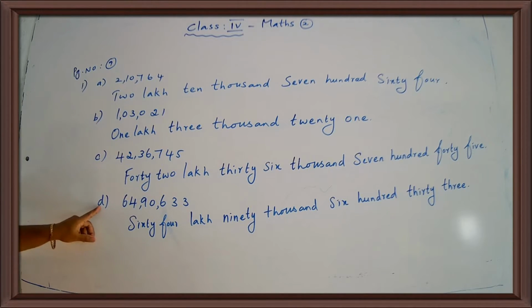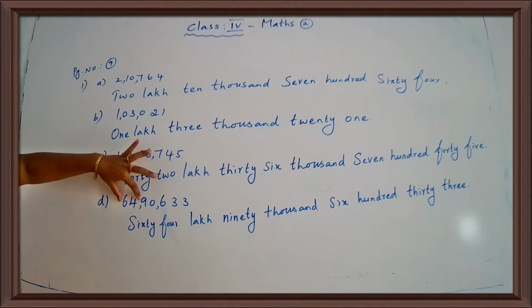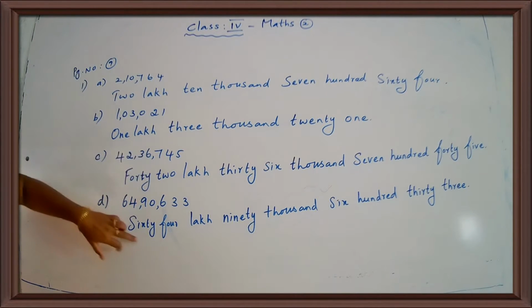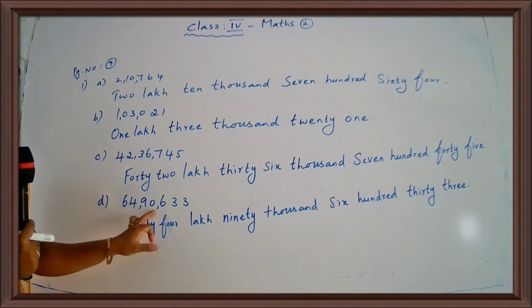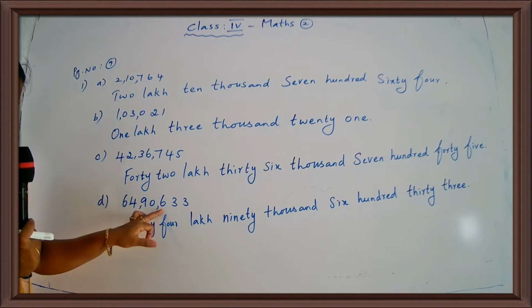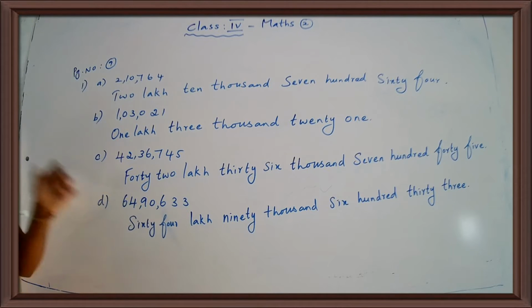And D. In the first question, D part, your answer is 64,90,633. Okay children. So any mistakes you have, then you correct it.